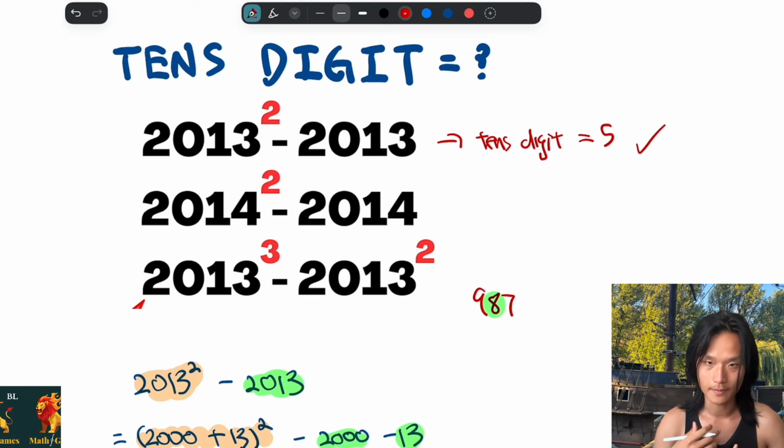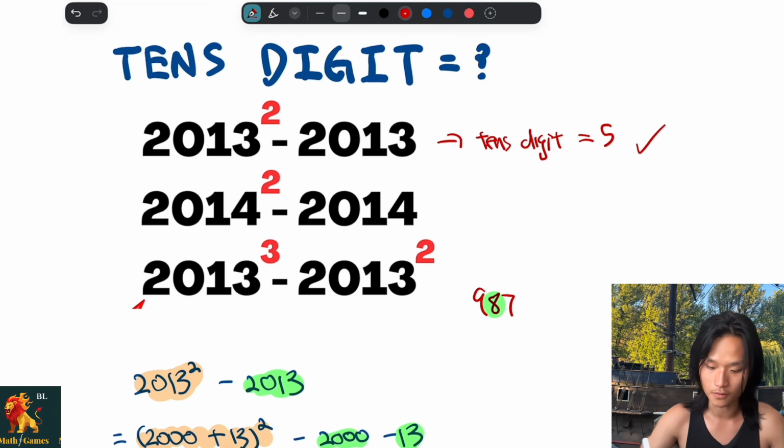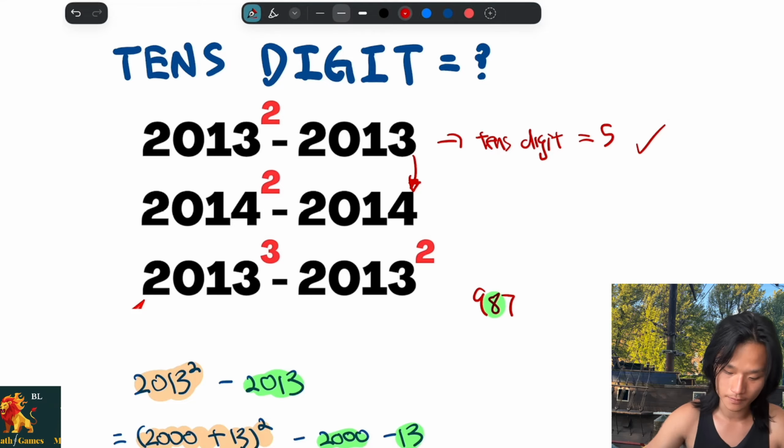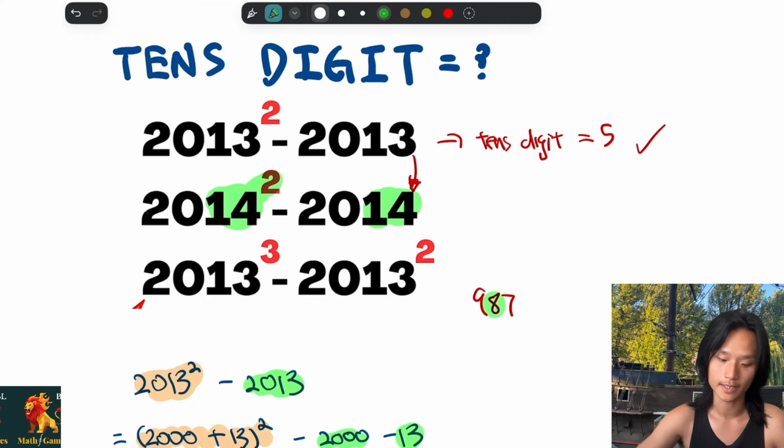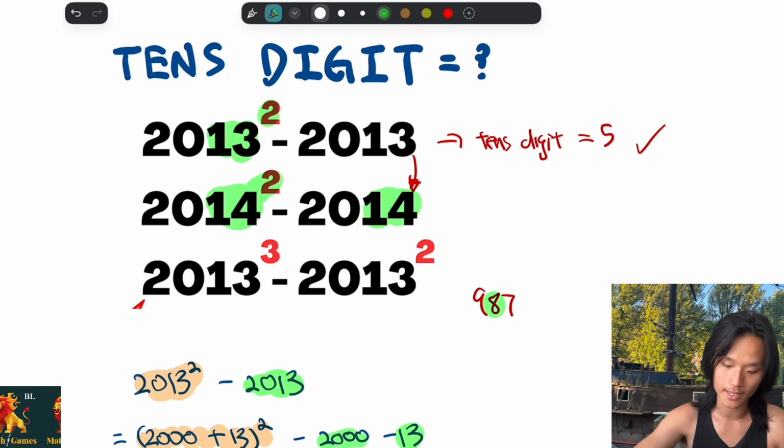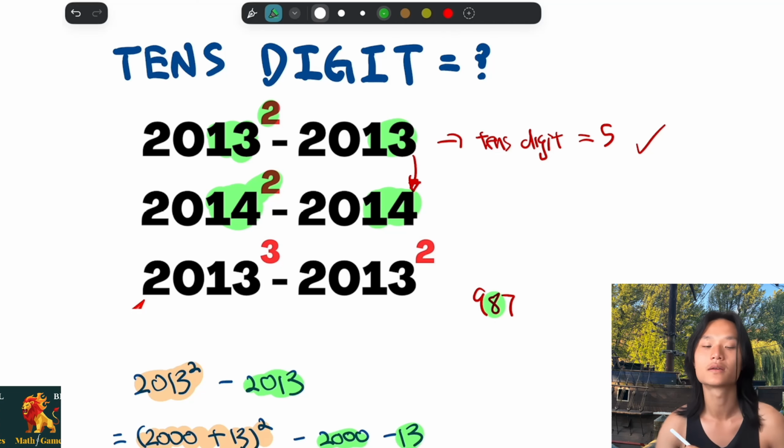Now let's try the second one. Again, we can apply the same reasoning to the second expression. That means we can sort of ignore the big numbers, and all we have to focus on are the terms 14 squared and 14, just like we did with 13 squared minus 13.